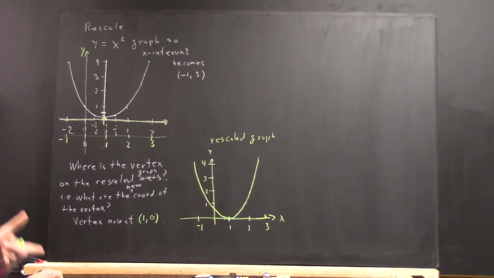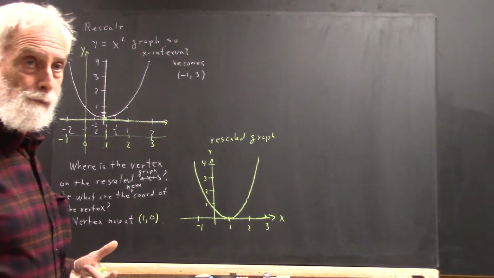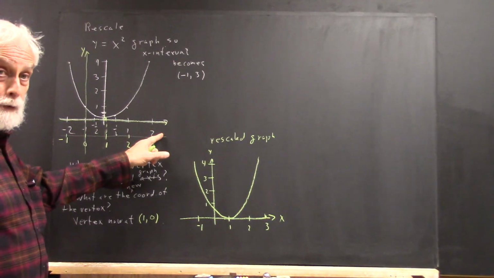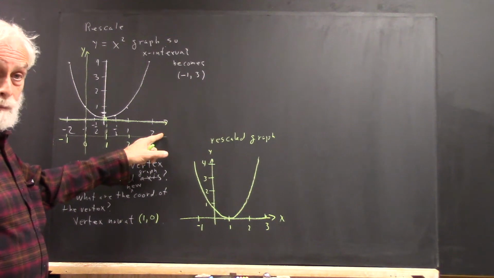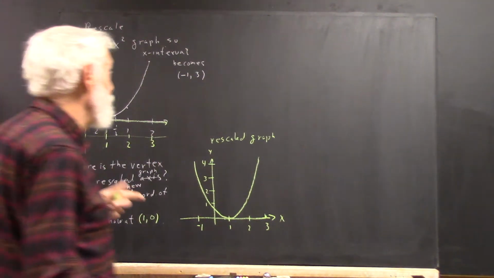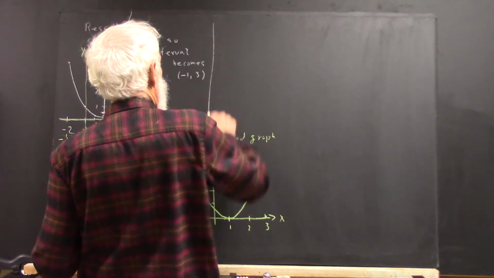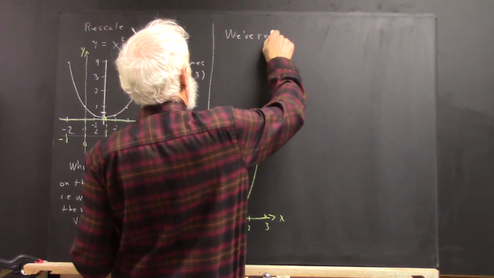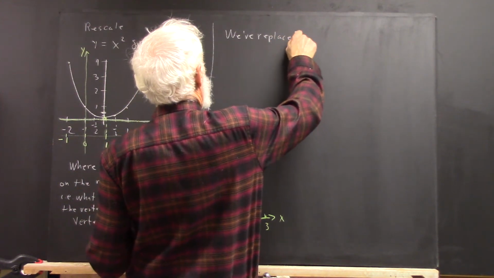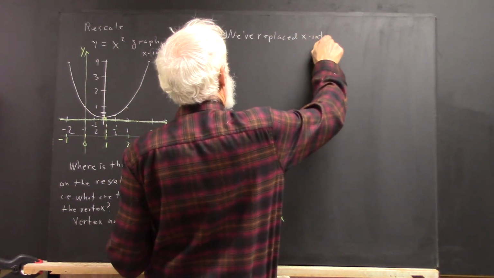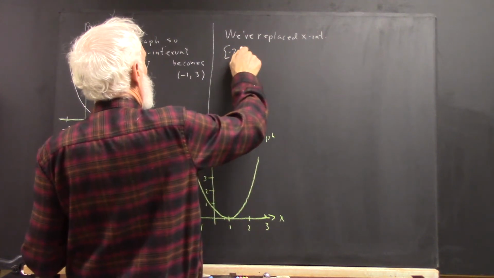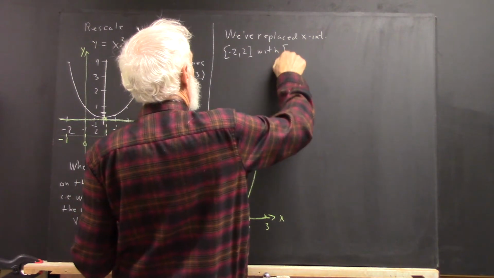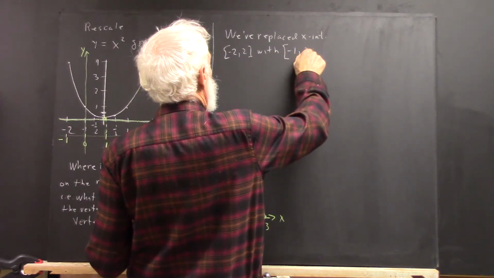What we've done in the rescaling is we've added one to each of the endpoints, right? Okay? So we've replaced the x interval, -2 to 2, with -1, 3.